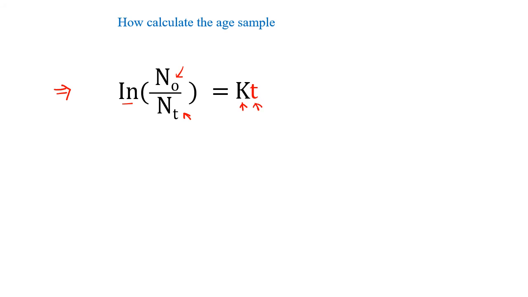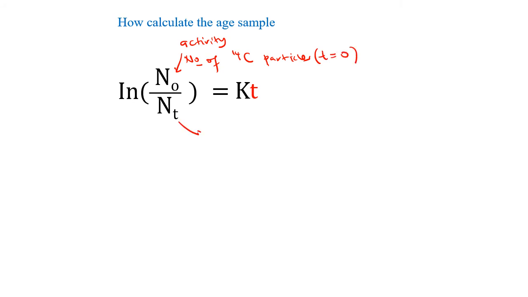So when you look at N naught, this can be in terms of activity if you're using radiometric dating, or in terms of number of particles if you're using the AMS, number of carbon-14 particles or atoms, sorry. So number of carbon-14 atoms, that is when the organism was still alive, when time is equal to 0.